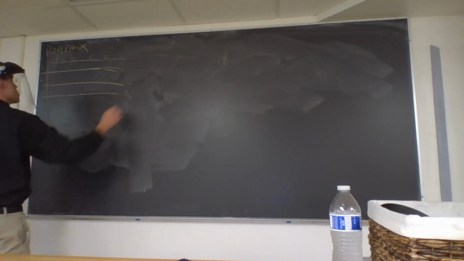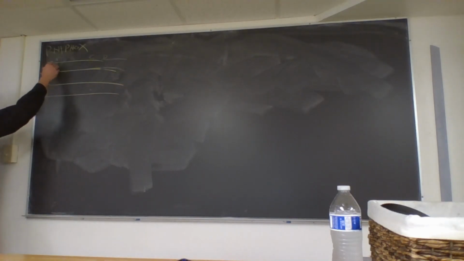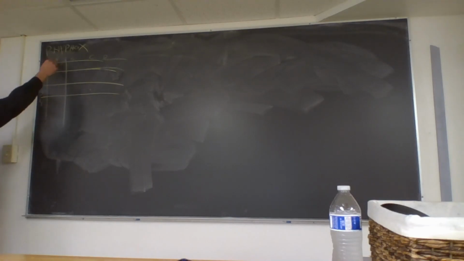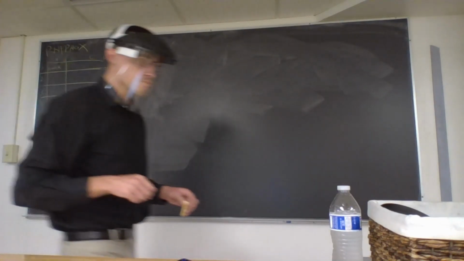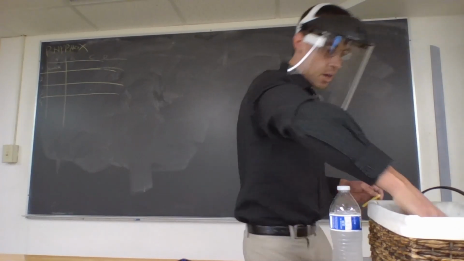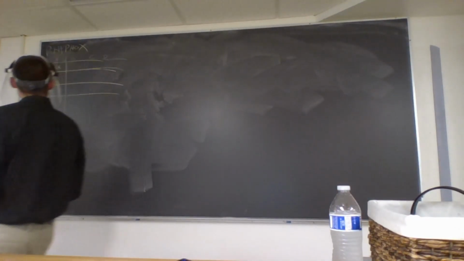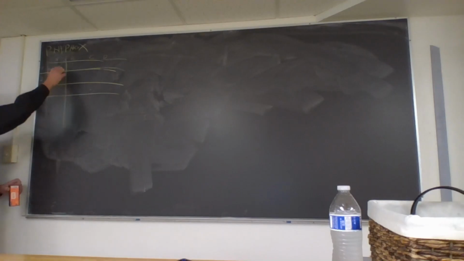And so I want you to click in cell A1, at the top left here, and just put in the word number, N-U-M-B-E-R. Then you can hit tab.